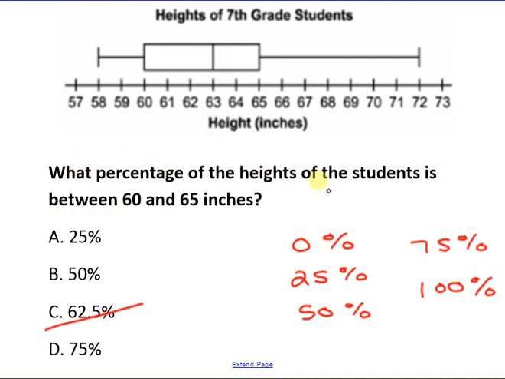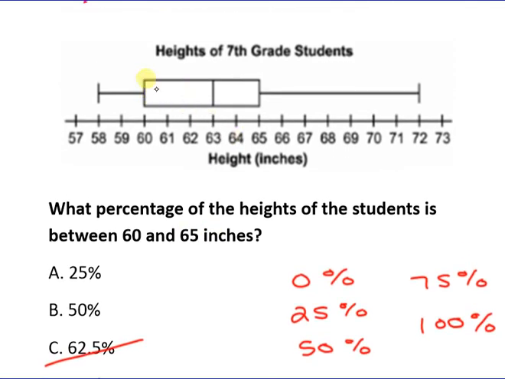What percentage of the heights of the students is between 60 and 65? So let's find 60 and 65. Okay? Now, from here to here is 25%. From here to here is 25%.